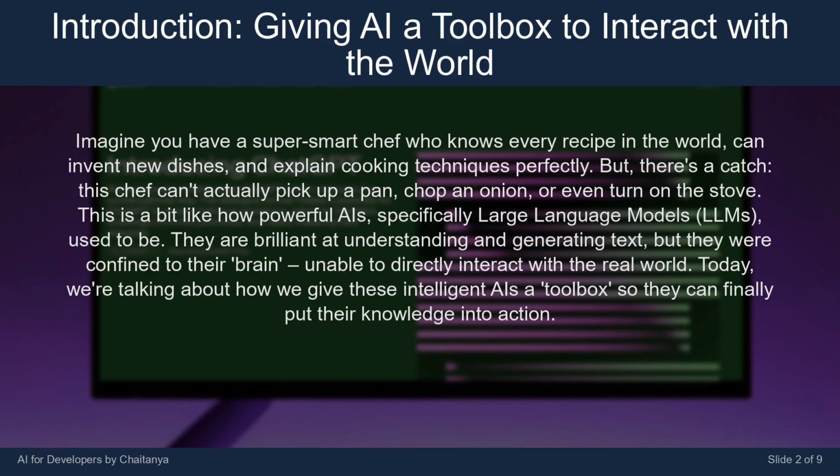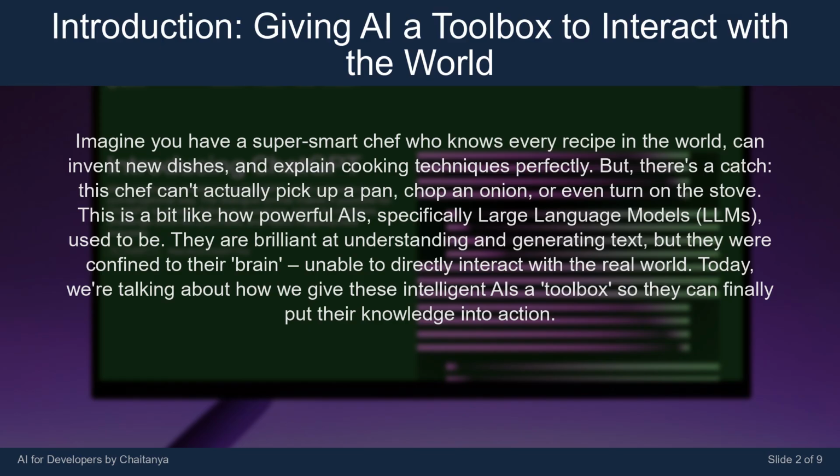This is a bit like how powerful AIs, specifically large language models, LLMs, used to be. They are brilliant at understanding and generating text, but they were confined to their brain, unable to directly interact with the real world. Today, we're talking about how we give these intelligent AIs a toolbox so they can finally put their knowledge into action.